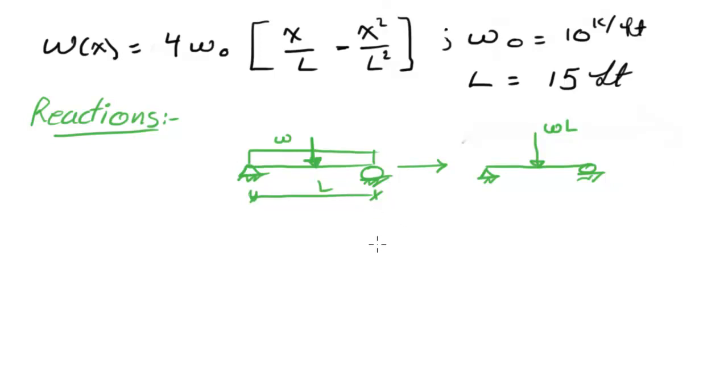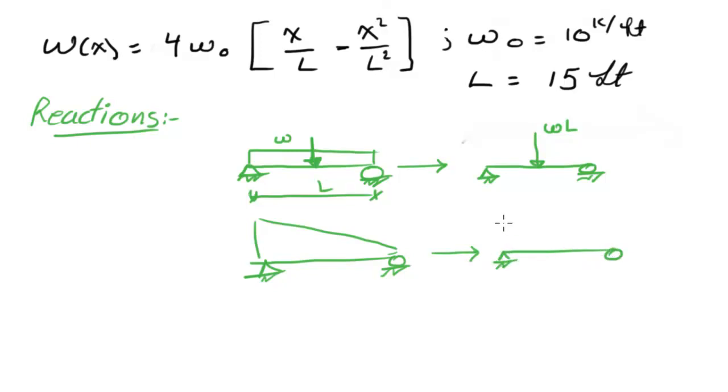Okay, and for the triangular load, I can transfer it to this, and if this is my triangle, it's going to act somewhere in here, where this distance right here is L over 3, so it's 1/3.